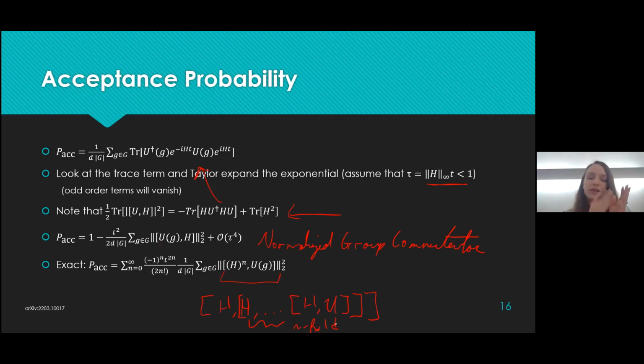And so this nested commutator gives you all your higher orders. And you can see very clearly that if it commutes for one order, it'll commute for all of them. And so in the case that you have a Hamiltonian that's symmetric with respect to your group, once again, you'll only get the n equals 0 term, and your acceptance probability will be exactly equal to 1. So this is great. This is the celebration time.